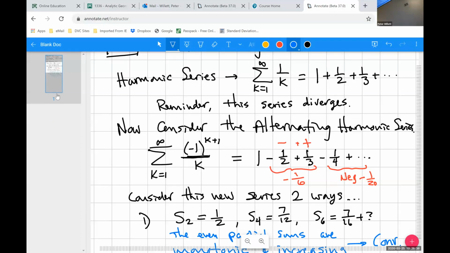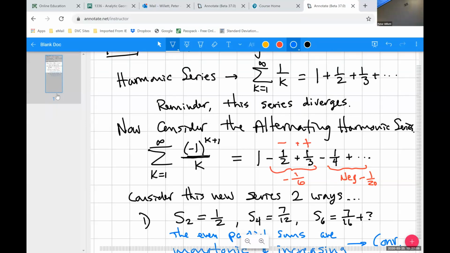Because if all the terms are positive, you can never decrease in value, you can only increase. You have to be non-decreasing if all your terms are non-negative. And if you're bound above, then you must converge. We have a theorem that tells us if you're monotonic and bound, then you have to converge. So when you only have positive terms, the only way you can diverge is by going to infinity.